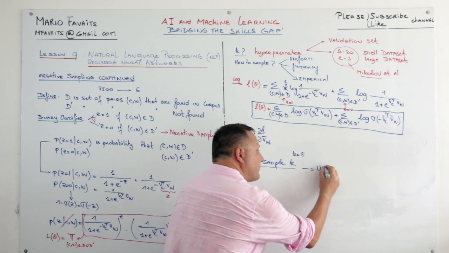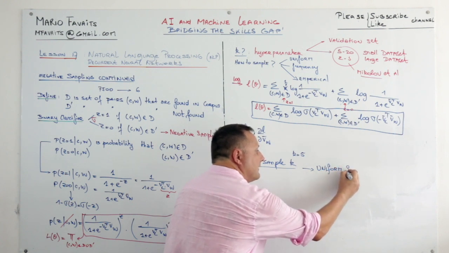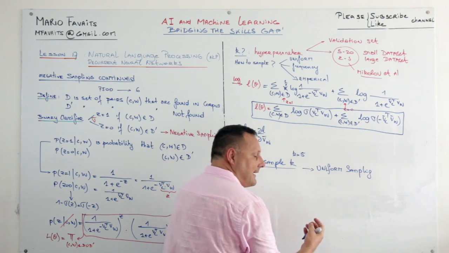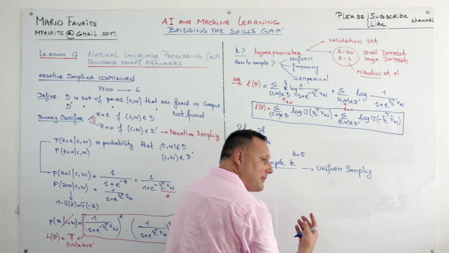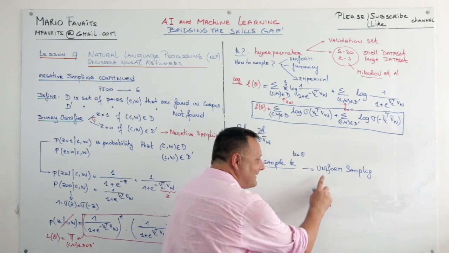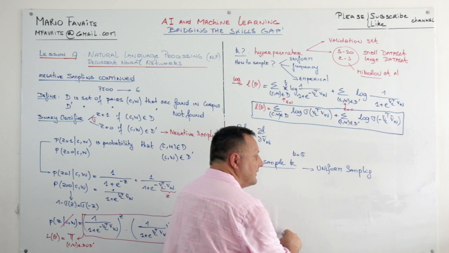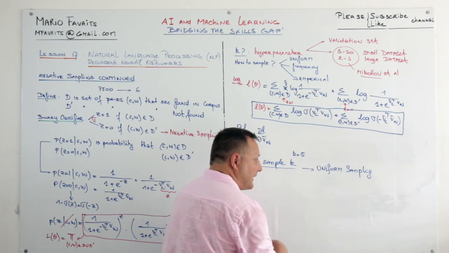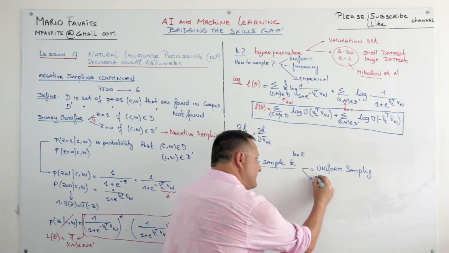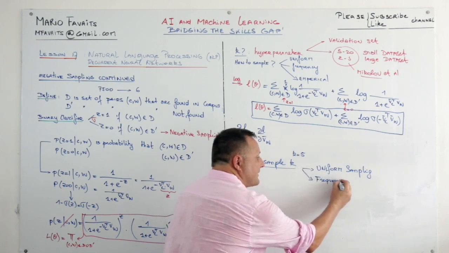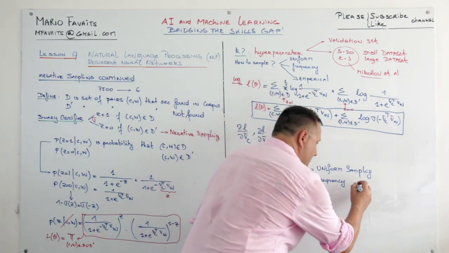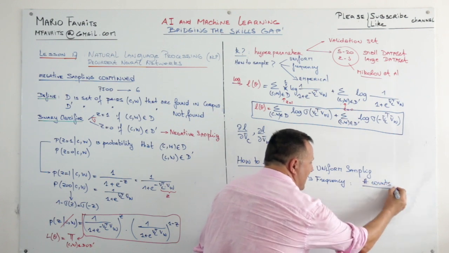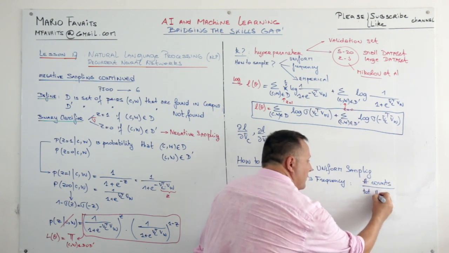We could use uniform sampling. That means that every word has the same probability of being sampled. And this is not really correct because there's a lot of words that appear more frequently than other words. So another option is you look at the frequency of occurrence, so you take the number of counts of that word divided by the total number of words.